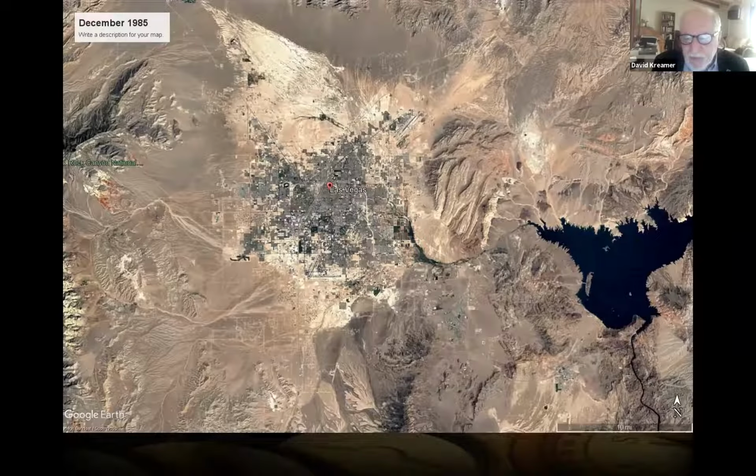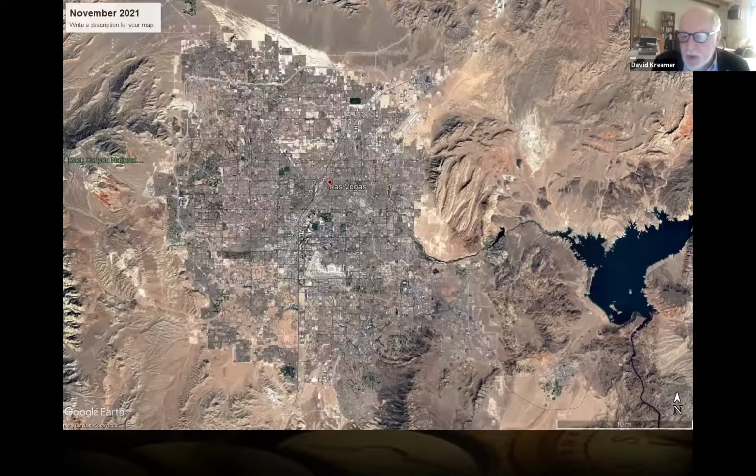If you look at Lake Mead on the right, you can see a tremendous change in the area of Lake Mead and the tremendous population growth of the Las Vegas metropolitan area. This is a problem throughout the basin.